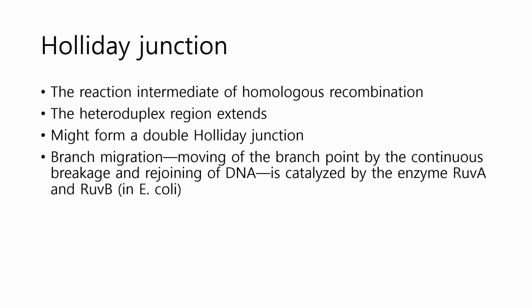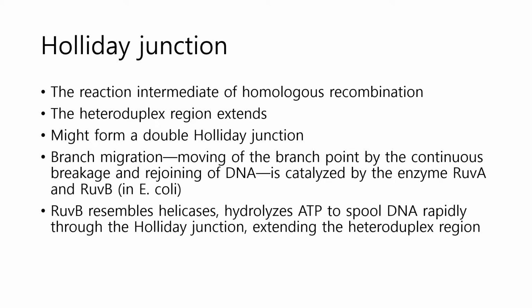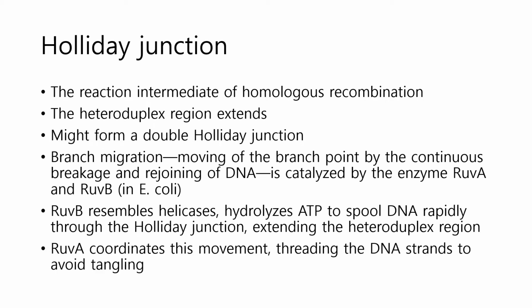Branch migration is the moving of the branch point by the continuous breakage and rejoining of DNA, and it is catalyzed by the enzymes RuvA and RuvB in E. coli. RuvB resembles helicases, hydrolyzes ATP to spool DNA rapidly through the Holliday junction, extending the heteroduplex region. RuvA coordinates this movement, threading the DNA strands to avoid tangling.